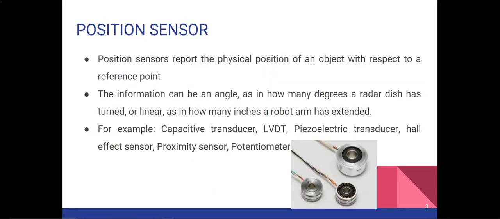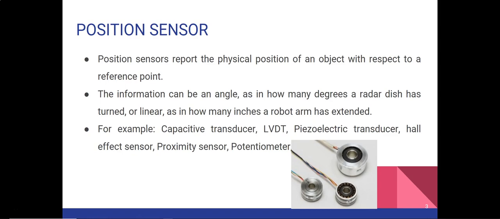Now we are going to see one of the sensors, which is the position sensor. This position sensor is used to detect the physical position of an object with respect to a reference point, and it permits a position measurement. It can be used to find the absolute position of a sensor or a relative position.